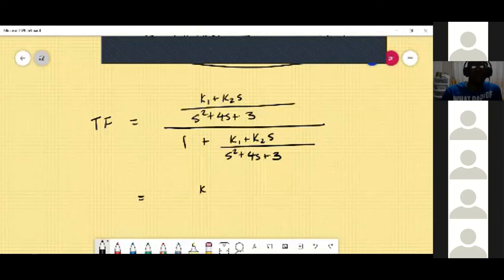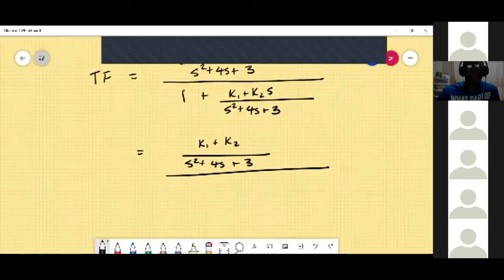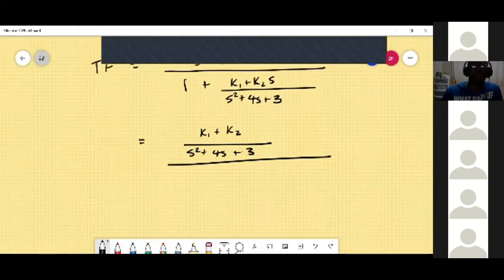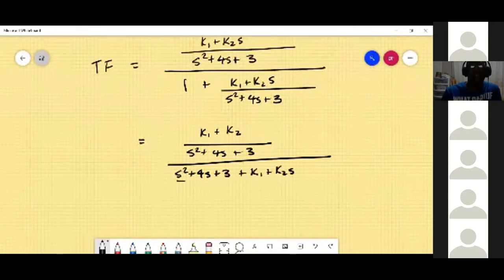So that's K1 plus K2S over S squared plus 4S plus 3, all over S squared plus 4S plus 3 plus K1 plus K2S over S squared plus 4S plus 3.